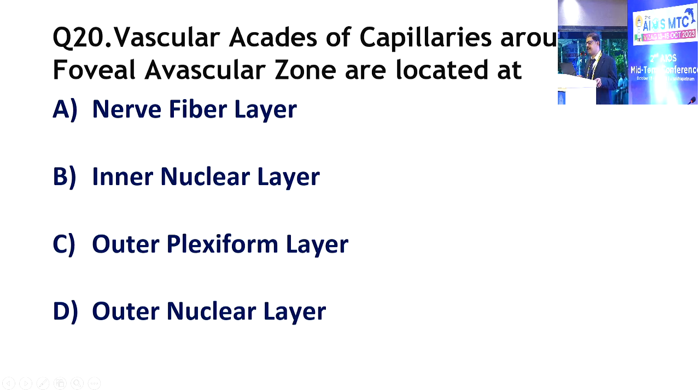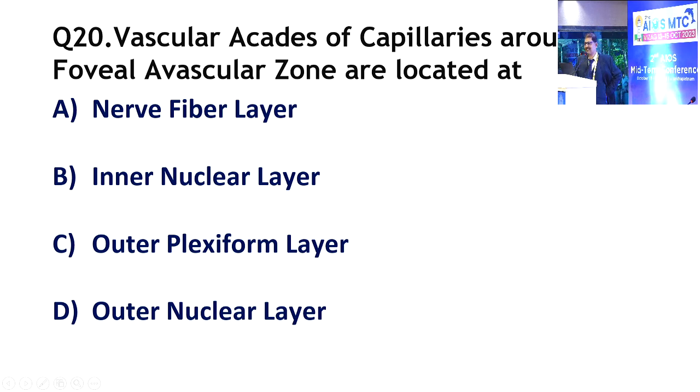Question number 20. Vascular arcades of capillaries around the foveal avascular zone are located at option A nerve fiber layer, option B inner nuclear layer, option C outer plexiform layer, option D outer nuclear layer. Whenever you see an OCTA, it looks great.